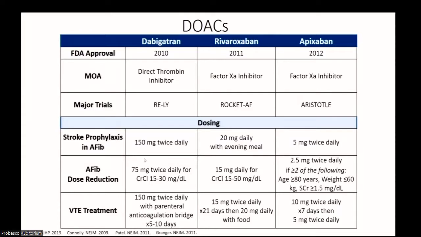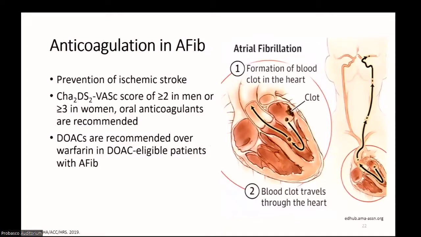And lastly, we have apixaban, which is also another direct acting factor 10A inhibitor, and the ARISTOTLE trial looked at patients with AFib, and it was determined that apixaban was actually superior to warfarin in preventing stroke or systemic embolism and caused less bleeding and lower mortality. So that's why it's my favorite DOAC. And then dosing is there for completeness' sake.